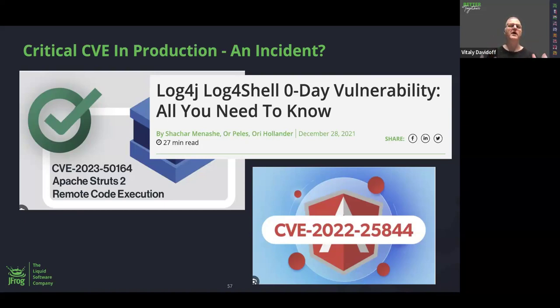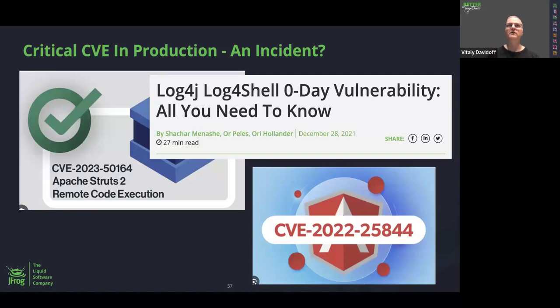And why? I know that you heard a lot about Log4j. Since it became common knowledge, I don't need to explain what Log4j is. I will use it as an example, so sorry about that. So if you have Log4j on your production in the vulnerable version, is it an incident or not?